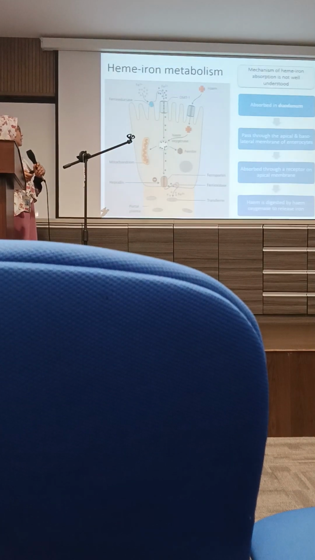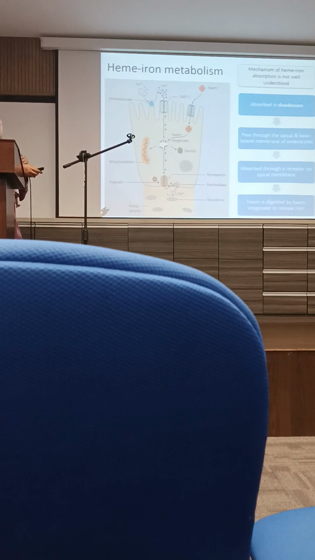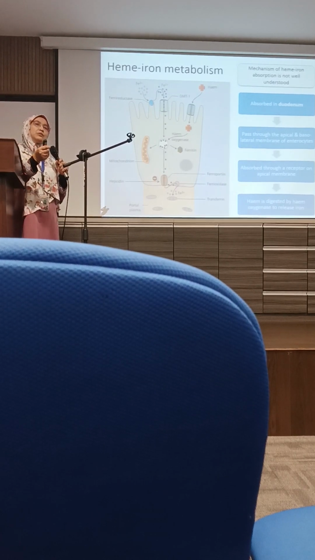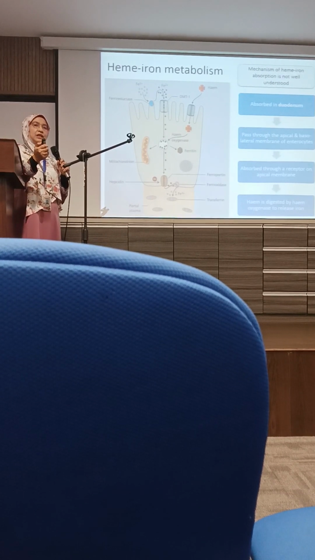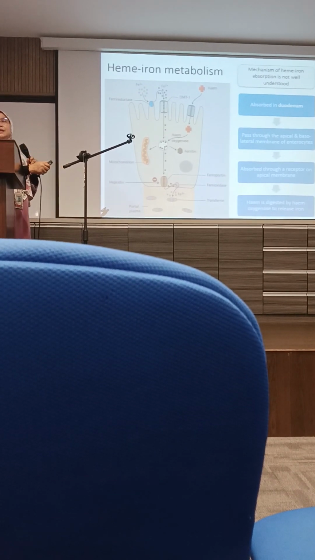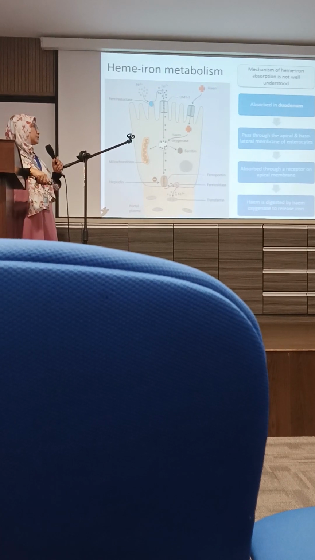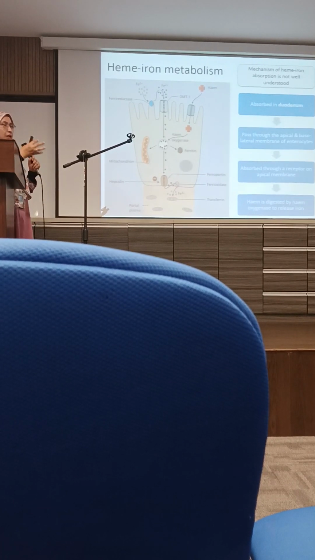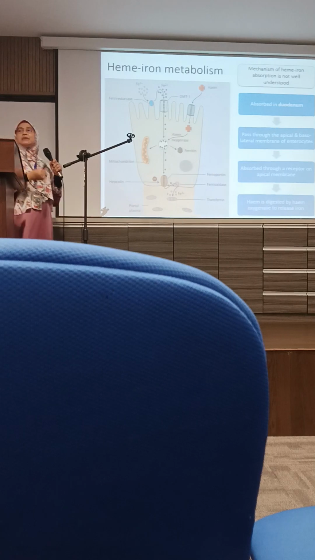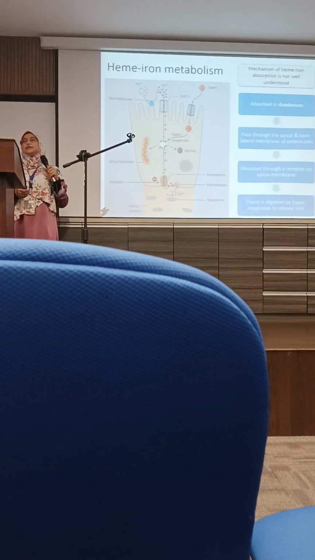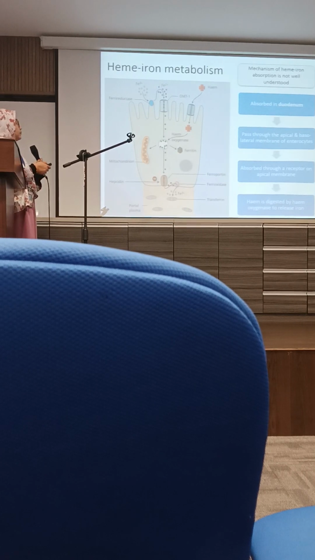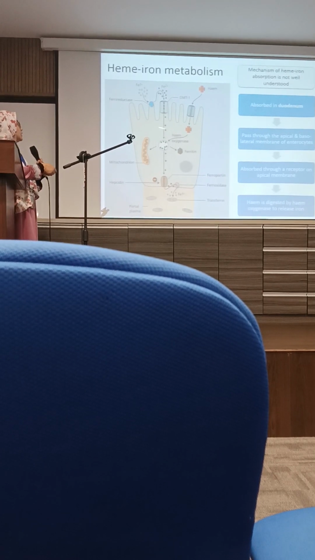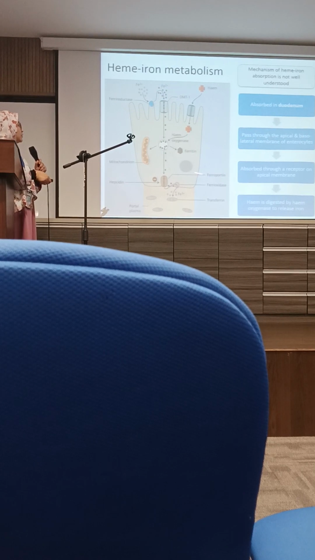Okay, so about the metabolism, the mechanism, have you learned iron metabolism before? It's a bit similar. Okay, so the mechanism of heme iron absorption is not well understood. But heme iron is actually abundant in our body, though the mechanism is still unclear. It is absorbed in the duodenum, and it passes through the apical and basolateral membrane of the enterocytes.